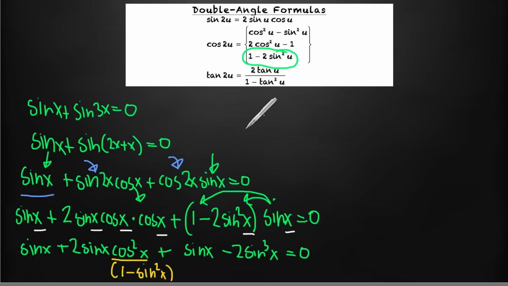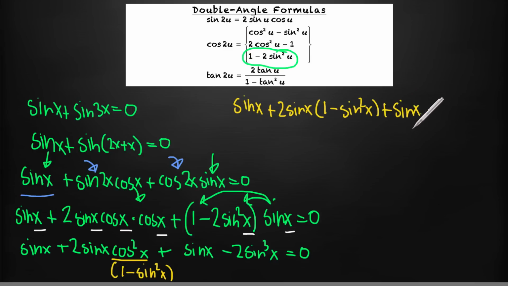So I'm going to continue up here. We have sine of x plus 2 sine of x times 1 minus sine squared of x plus sine of x minus 2 sine cubed of x equals 0.